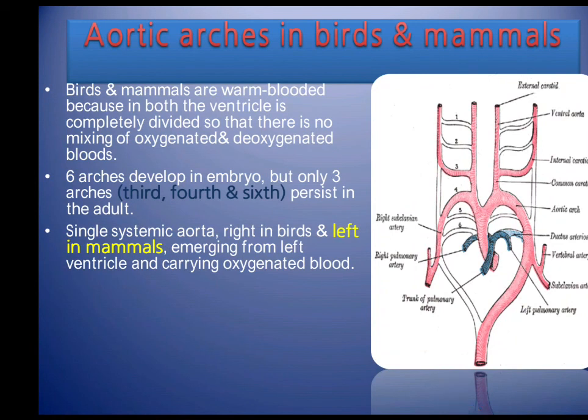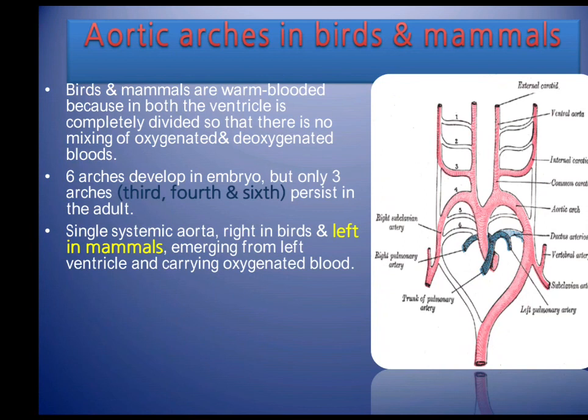But if I take the case of mammals, it will be the left systemic aorta which is taking the blood to the body. Now this systemic aorta originates from the left ventricle, carrying the oxygenated blood.